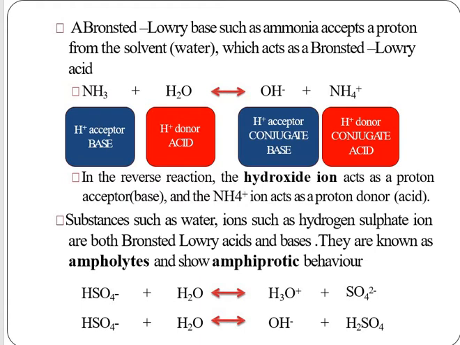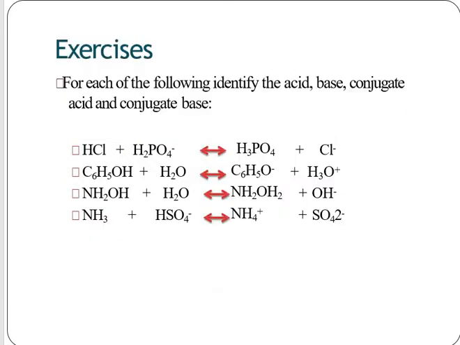So according to this theory, ammonia is H+ ion acceptor, so it is called a base and water is called an acid. And these are the other examples. Now you can solve these examples and identify or classify which substance acts as an acid and base.